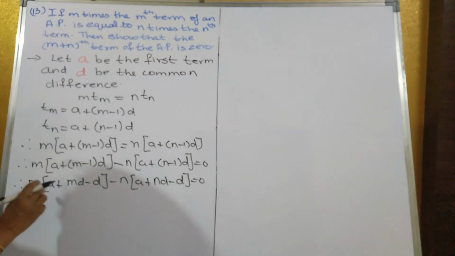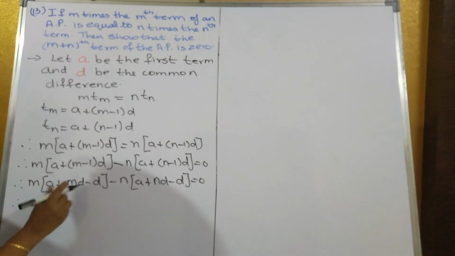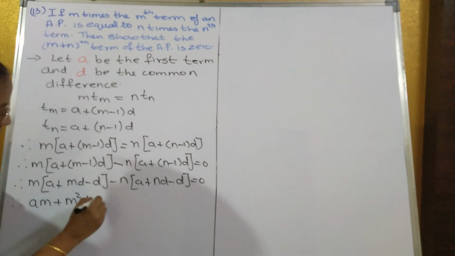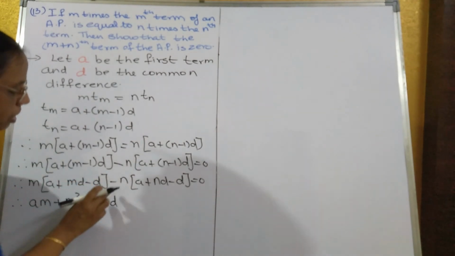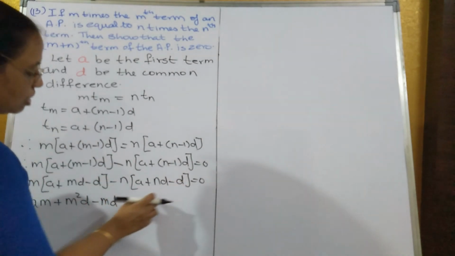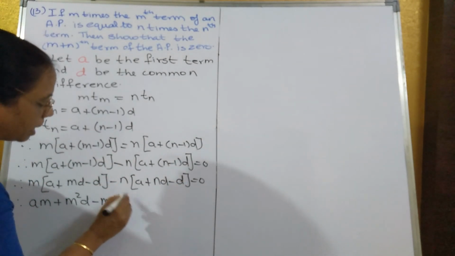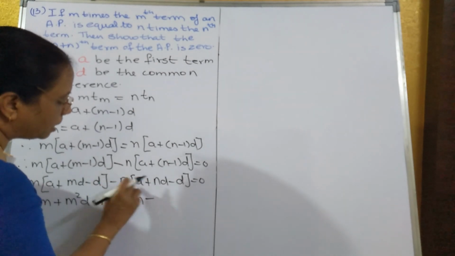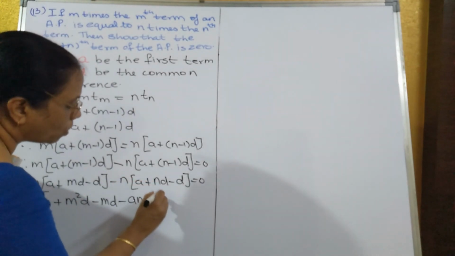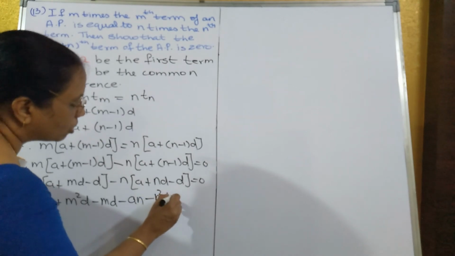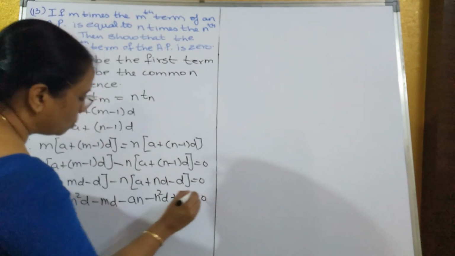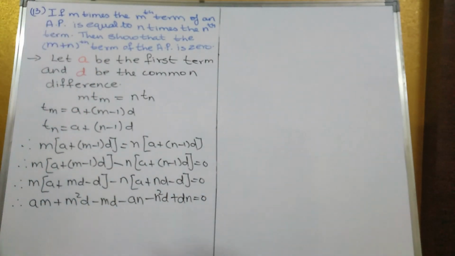So m into a, am, plus m into md is m square d, minus m into d is md. Now here since it is minus sign, the sign will change. The first one will become minus an, minus n into nd is how much? N square d, and this is minus, so it will become plus dn, that is equal to 0.